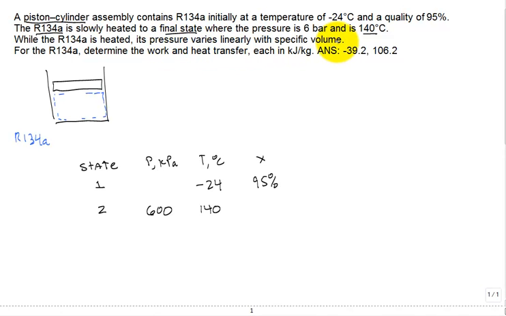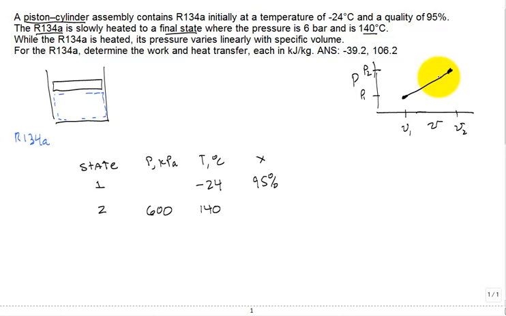What does that mean? Well, I can make a sketch of pressure versus specific volume. The specific volume starts at this value, V1, and this pressure, P1, and if it increased out to V2, with the pressure going up to P2, then it would be a straight line.